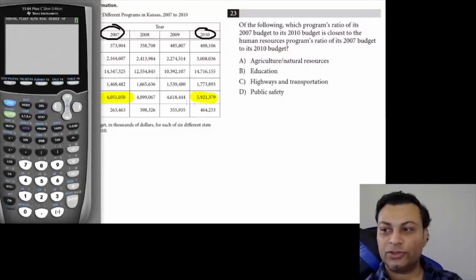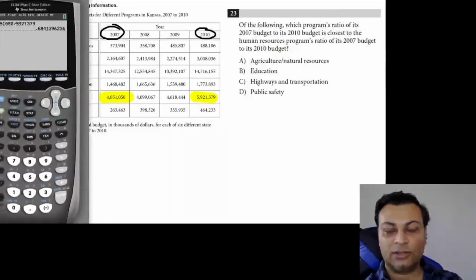Human resources ratio of 2007: we're going to do 4,405,050 divided by 5,921,379. And we get 0.68. But that's the human resources. Now let's check agriculture, education, and so on.